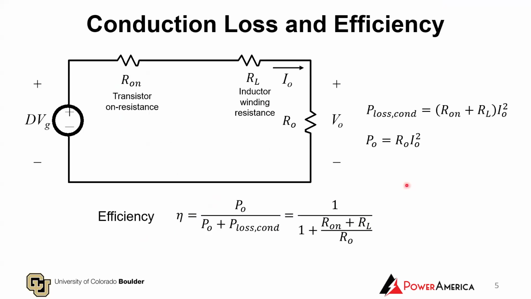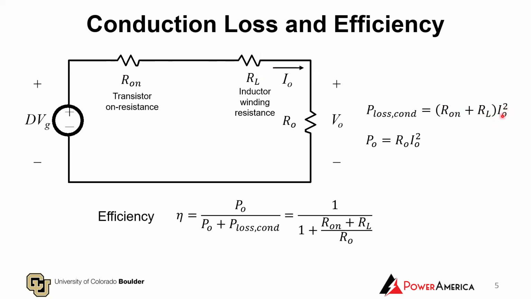All right, so now we are in position to estimate the loss and calculate the efficiency of the power converter. The conduction loss, from the circuit model shown here, is going to be proportional to the sum of the series resistances that include the transistor on resistance and the inductor winding resistance, and the square of the output current, right?